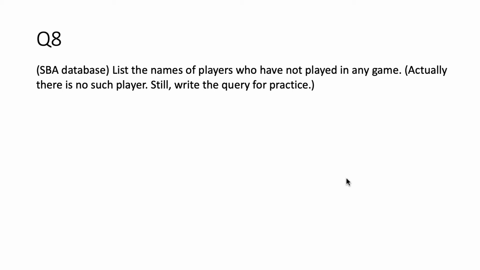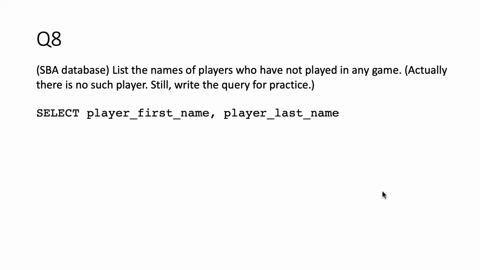So we do an outer join giving priority to players, but then count only those players for whom there is no row in the participation table. In other words, participations.player ID is null.